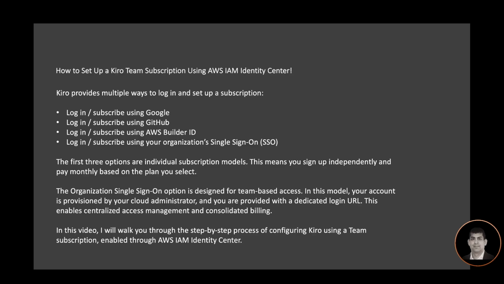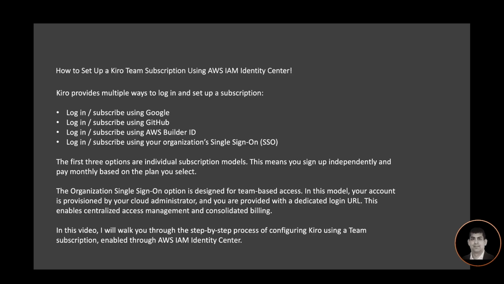The first three options are the individual subscription model. That means you sign up independently and pay monthly based on the plan you select. The organization single sign-on option is designed for team-based access. In this model, your account is provisioned by your cloud administrator and you are provided with a dedicated login URL.